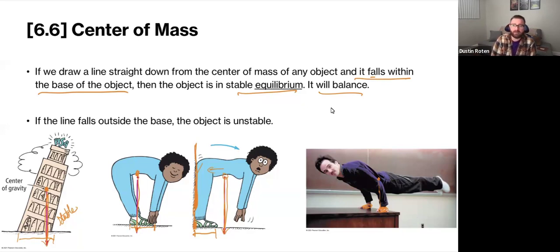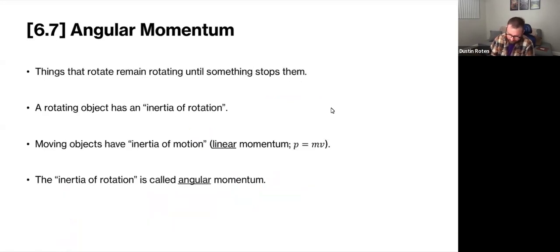You can do it till you get tired. But it takes a lot of work to make sure you keep your center of mass right over this really small base you give yourself, because your base is only as big as your hands. But if you can do it, you can essentially balance. You'll have two torques acting in opposite directions, but they'll be equal and they'll cancel each other out.